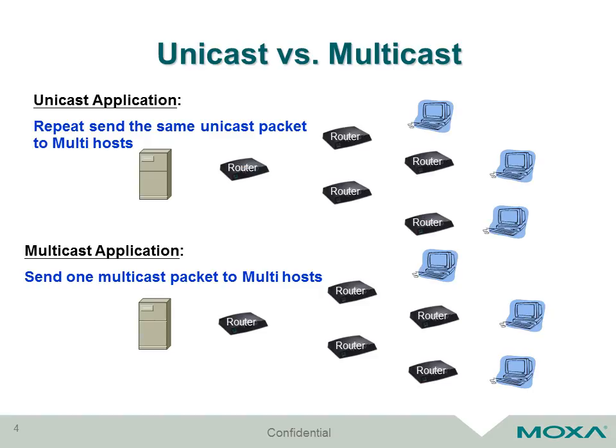As you can see from the animation for Unicast application and Multicast application. For Unicast application, if I need to forward a string to 3 different hosts, I will need to forward exactly the same string 3 times to the multiple hosts, which means repeatedly sending the same Unicast packet to multiple hosts, and the result of that is wasting of bandwidth.